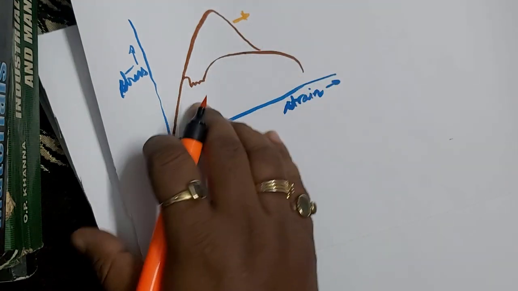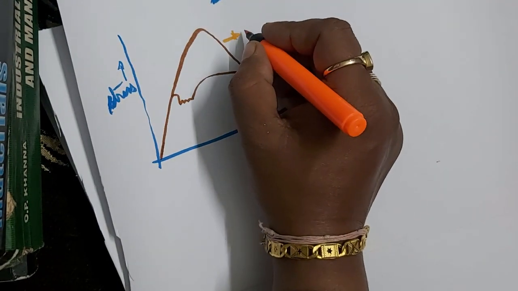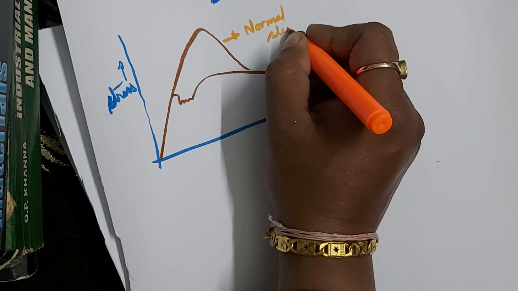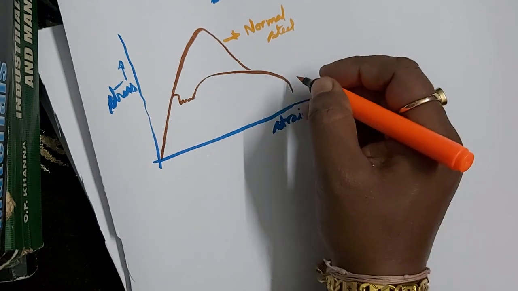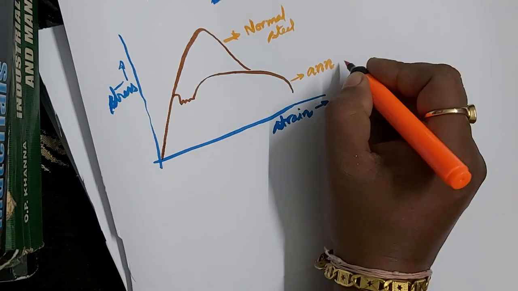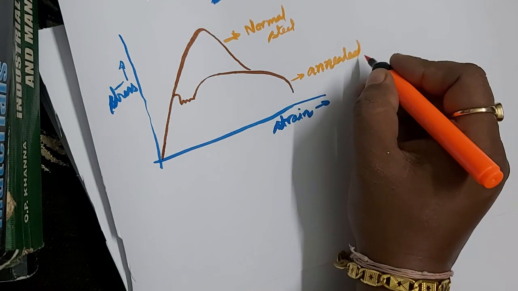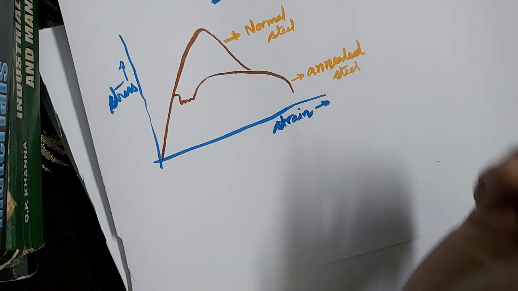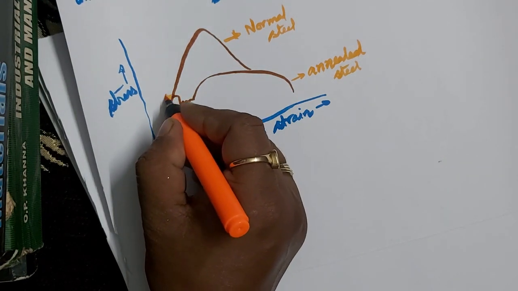This is normal steel, and this is annealed steel. This point is called yield point.